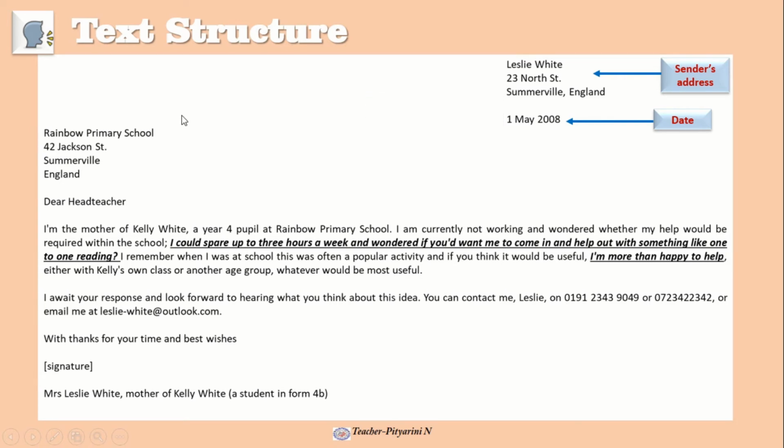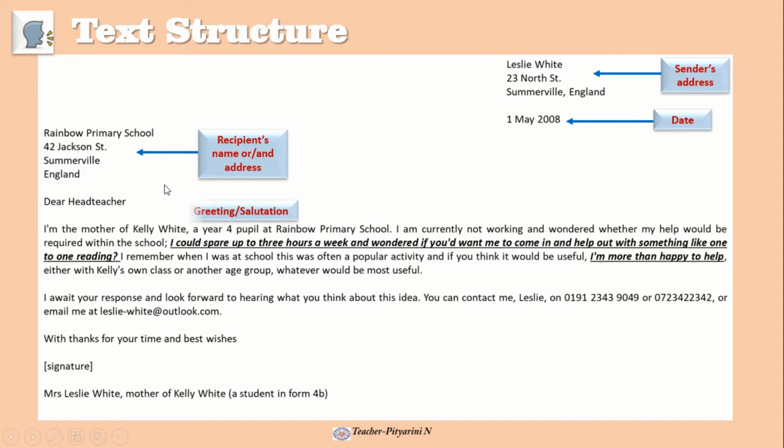The next thing is on the left side, here is the recipient address. We call this inside address. You write the recipient name if you know it, or the name of the institution, then the address. For the address, you follow the same instruction as the one you have here. Okay.